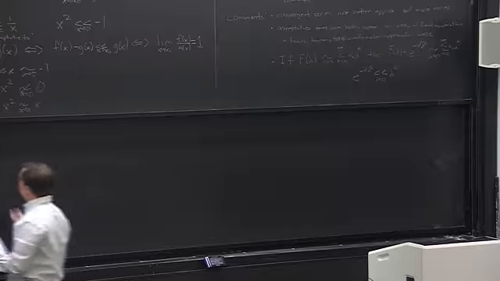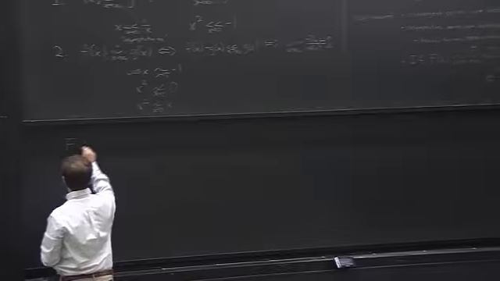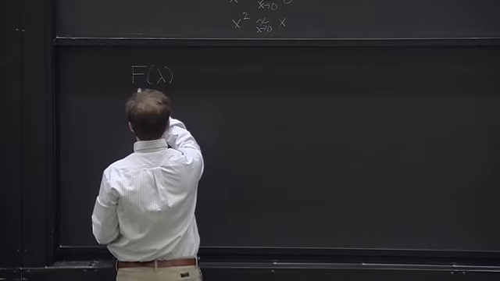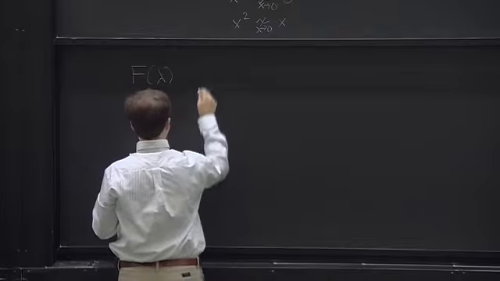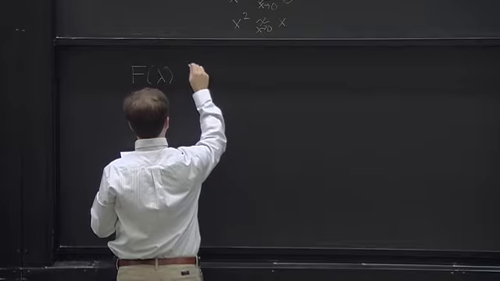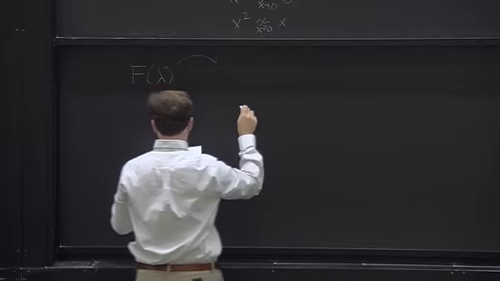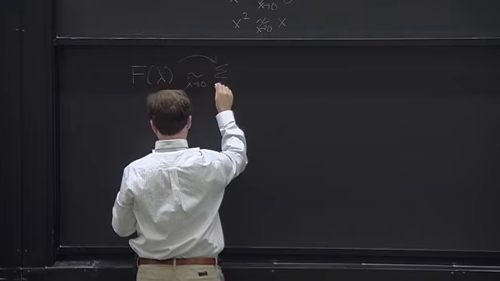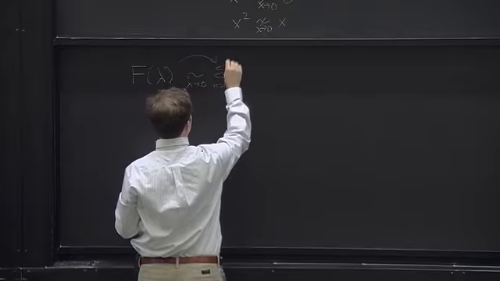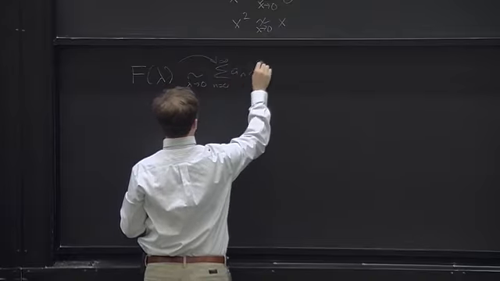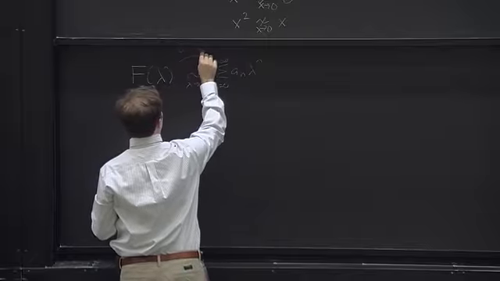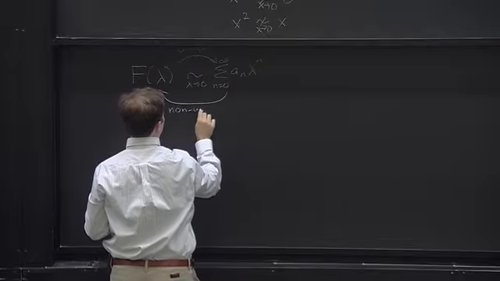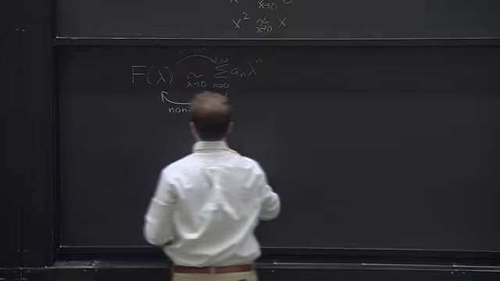Another way of stating the same thing: if there's some quantity of interest, f of lambda, there's a unique procedure for finding the asymptotic series. So going this way is unique, but going backwards is not unique.